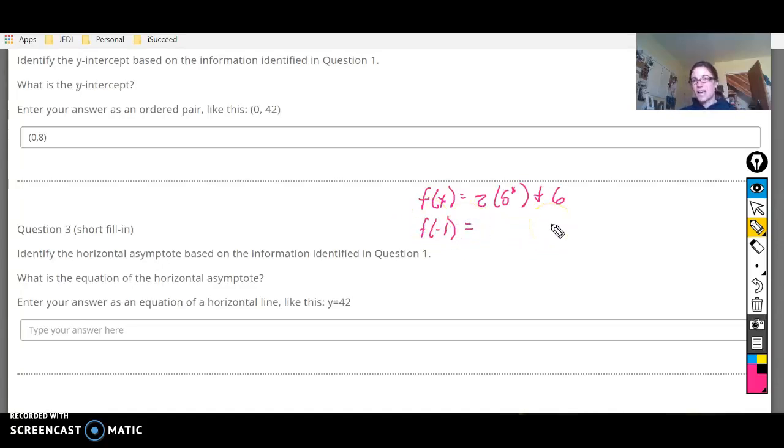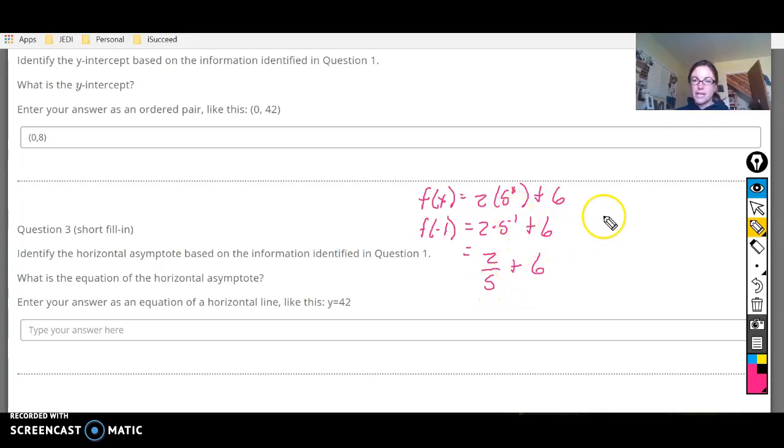This is negative time, so it's really not going to work for us, but it is negative time. So then I have 2 times 5 to the negative 1 plus 6, which is really 2 over 5 plus 6, okay? So then this becomes 6 2/5, right?